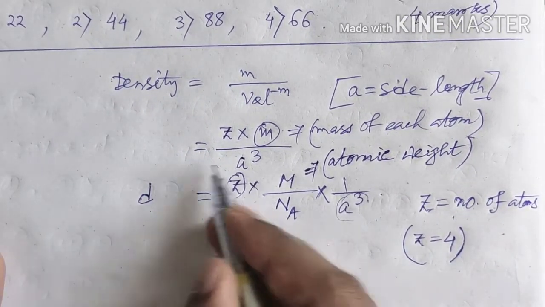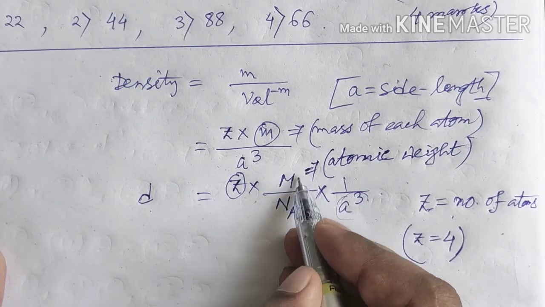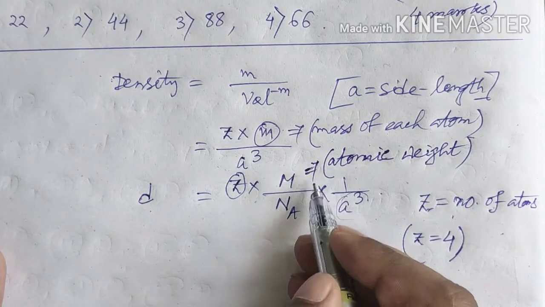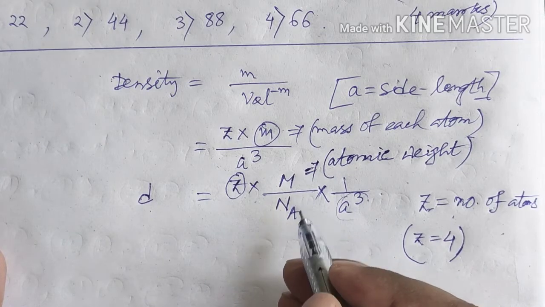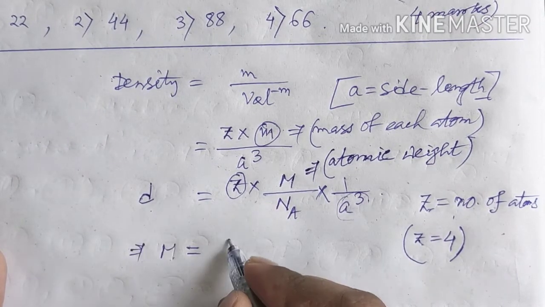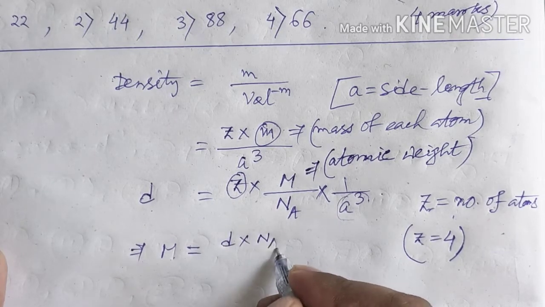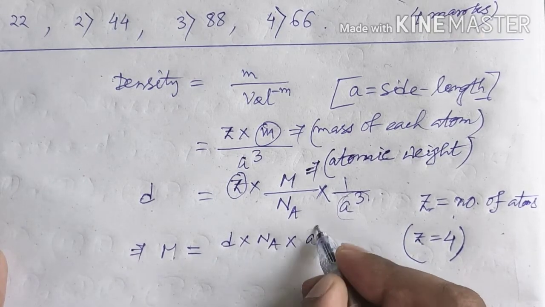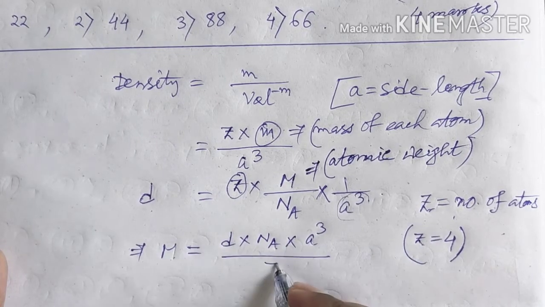So if we put the different values, we can calculate the atomic weight of the elemental crystal from this equation. That will be like this: M is equal to D into Na into A cube divided by Z.